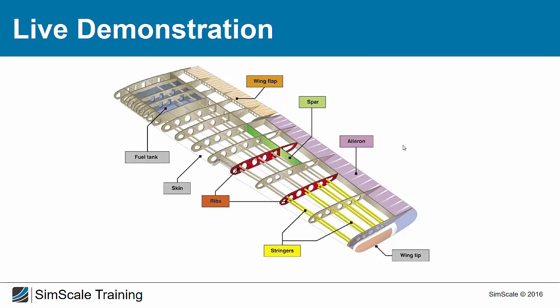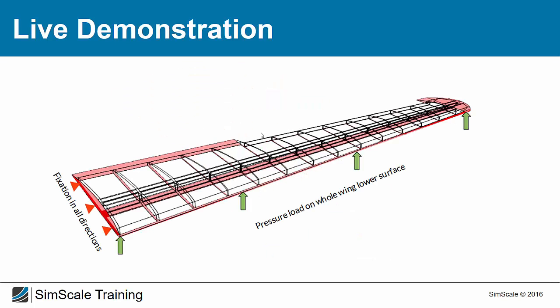And today we will do, let's say, a very important kind of analysis. We will do a structure analysis and investigate the bending behavior of this structure for different loads and load cases. Here you can see the model we will later investigate.